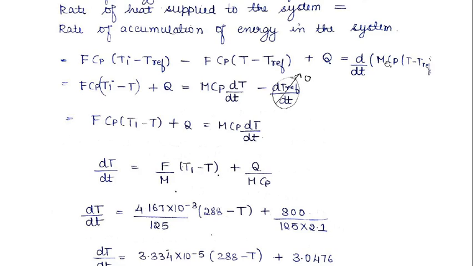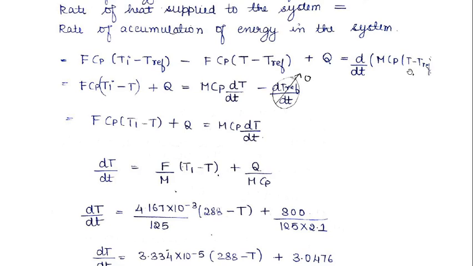The same thing holds good in the material balance concept also. There we have taken M, or volume, rho, and concentrations and densities in the case of material balance, whereas in the case of energy balance, we take m Cp delta T. Again for delta T we take the reference temperature, T minus T ref.